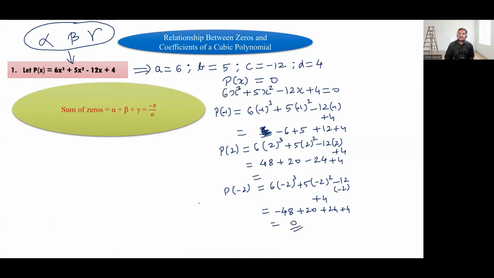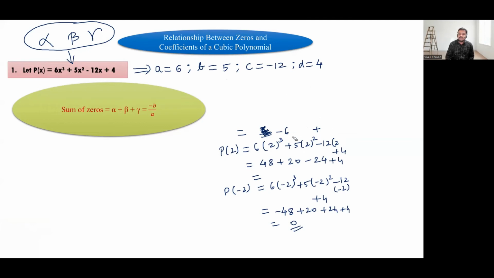Okay. So one of the zeros is what? It is minus 2. Let me erase the remaining things now, because we will require some space for finding the remaining 2 zeros.